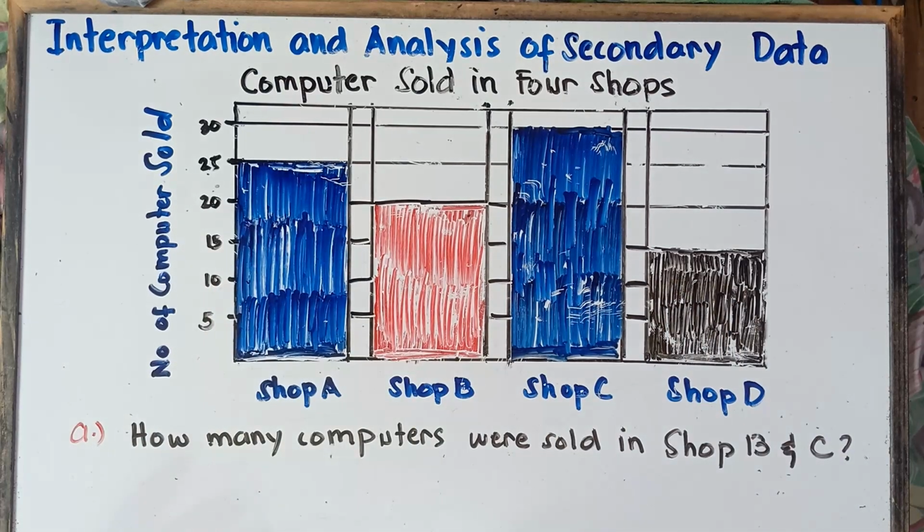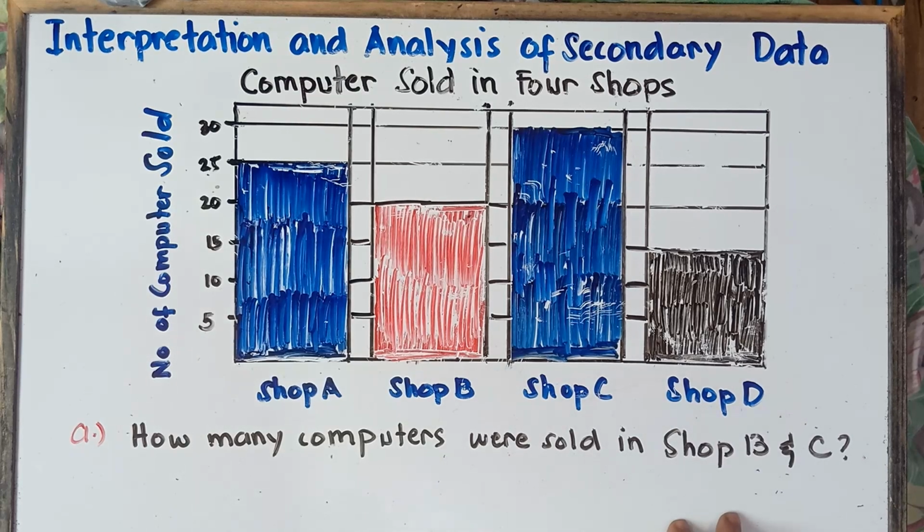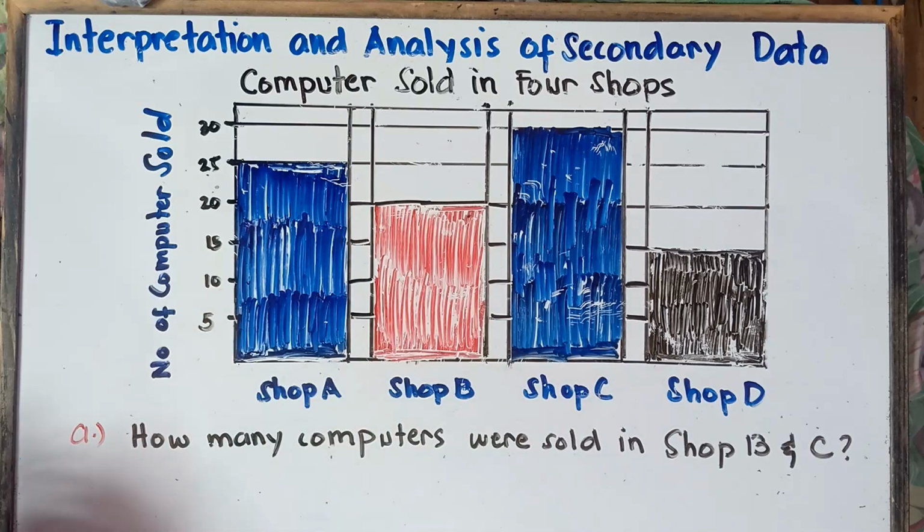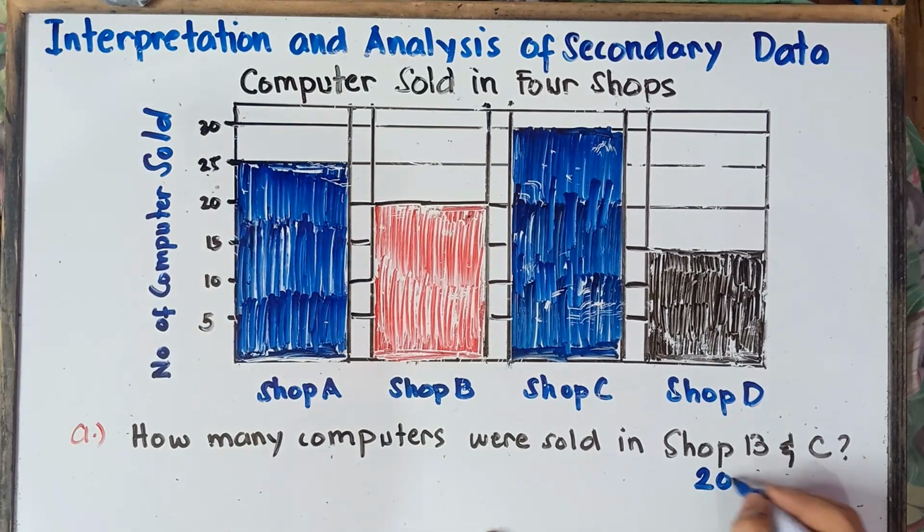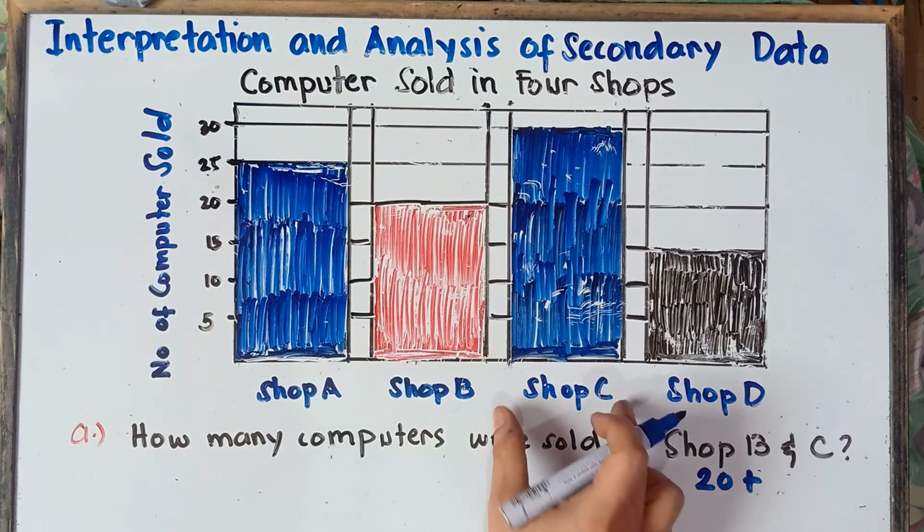Now, if you are given an example like this, with a bar graph and the data, it's easy for you to interpret the data because you already have your bar graph. So question letter A: how many computers were sold in shop B and shop C? For shop B, there would be 20 computers, plus for shop C, there would be 30.